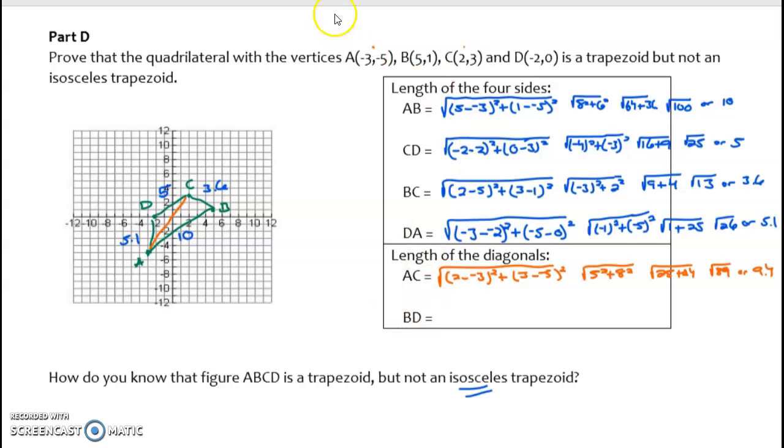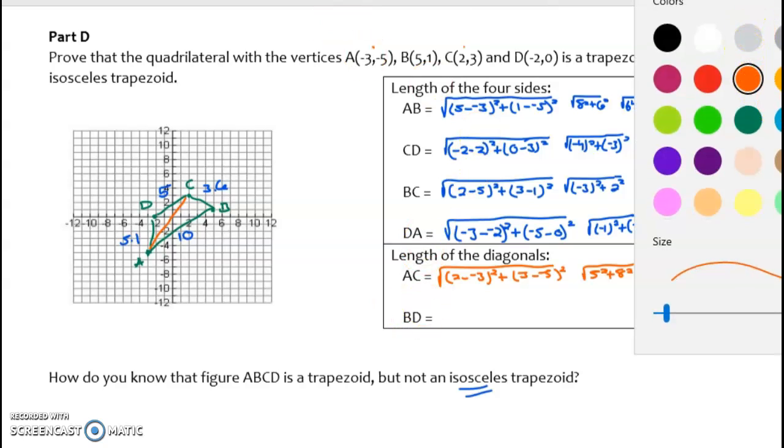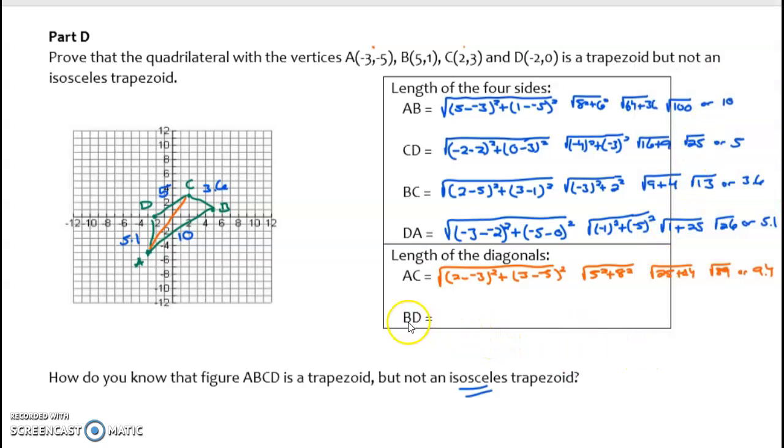Alright, and let's change the color up again. Let's go back to a crazy color. Alright, so here we go. Now we're going to do the BD diagonal, which is going from here to here. So we're going to use B and D. BD. So -2 minus 5 squared plus 0 minus 1.